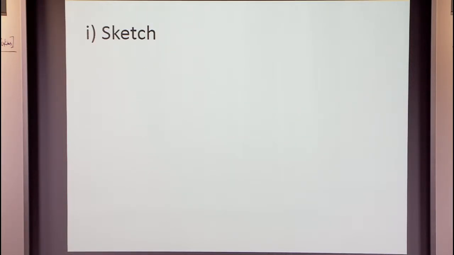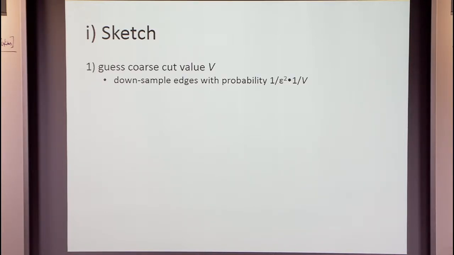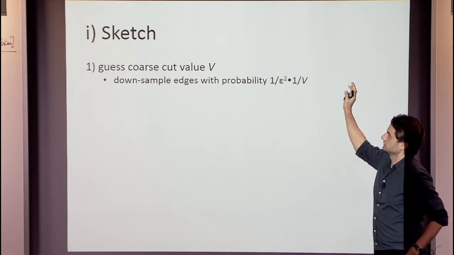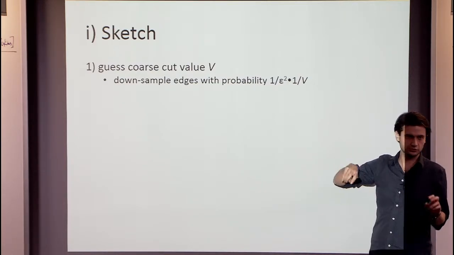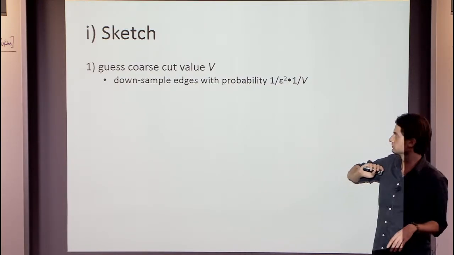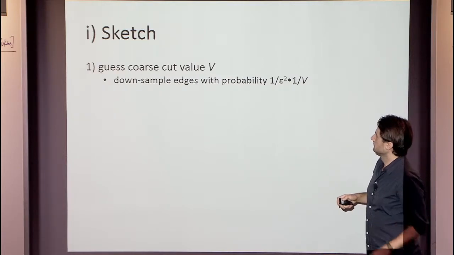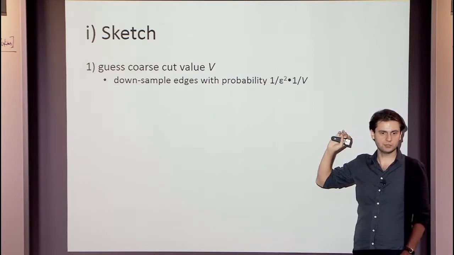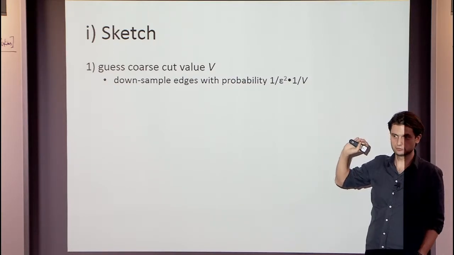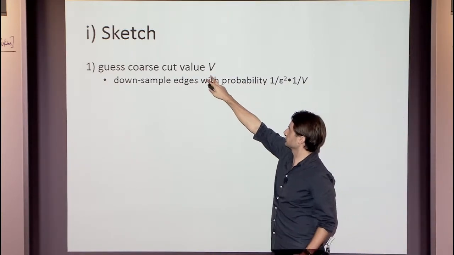Okay, so this sketch construction will fit on this slide. Let's go slowly through it. There are 3 steps in the construction. Step number 1 is we guess a coarse cut value v. What does coarse mean? Coarse means up to approximation factor 2. Suppose we know the cut value up to approximation factor 2, and let this approximation be v.